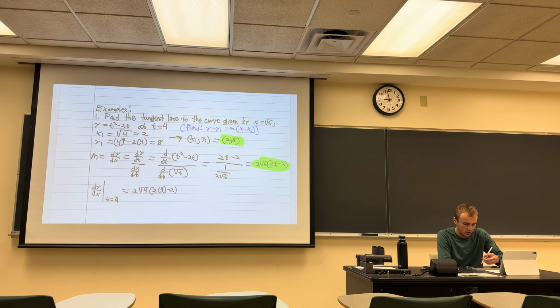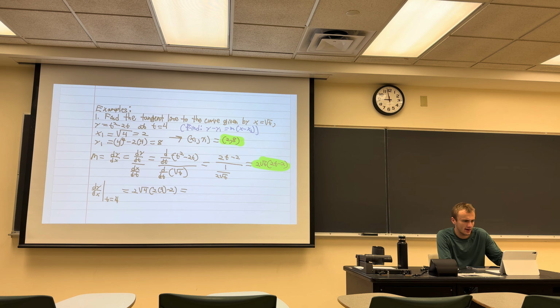We're plugging our t value, which equals 4, into this equation, which gives us a precise number for m. That's the idea here. Then we just evaluate this. So 2 times the square root of 4, that's 2 times 2.